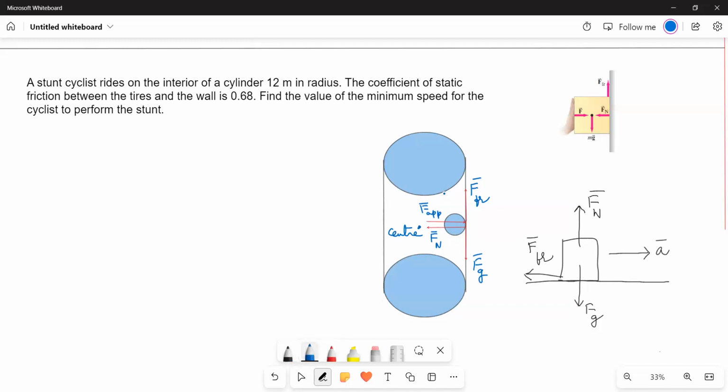Now let us write the force equations. What are the forces acting in the y direction? Fy is equal to F friction minus Fg is equal to 0, because the object is in static equilibrium and the forces are balanced. Therefore, F friction is equal to Fg.